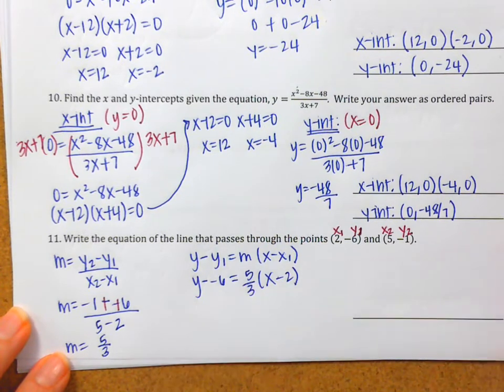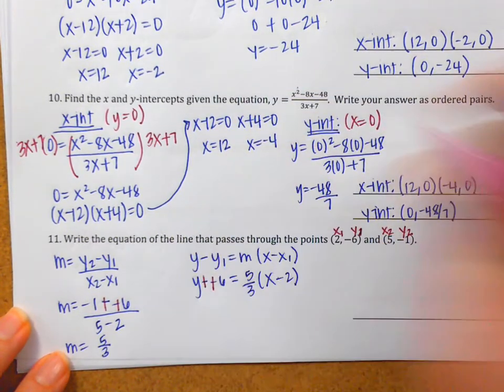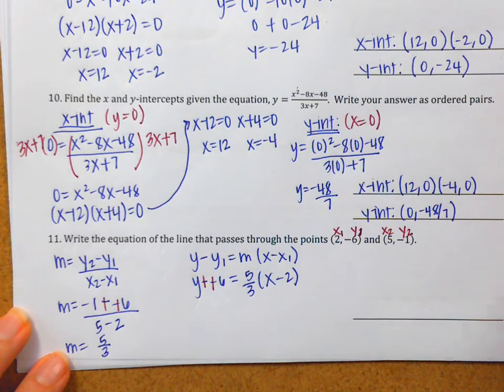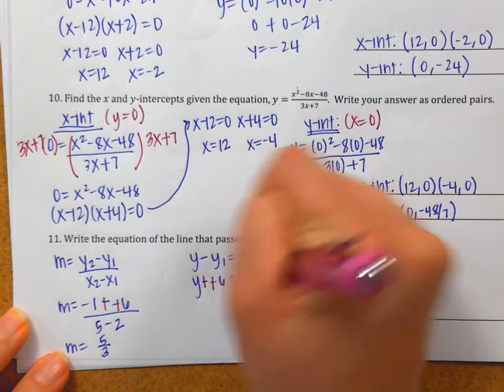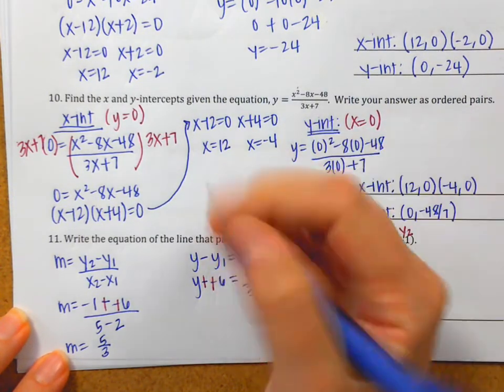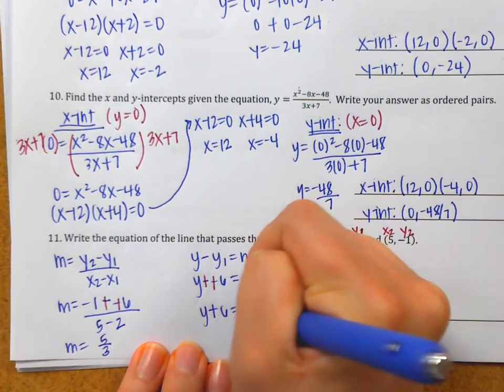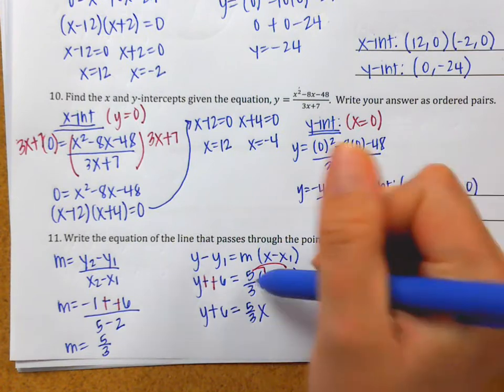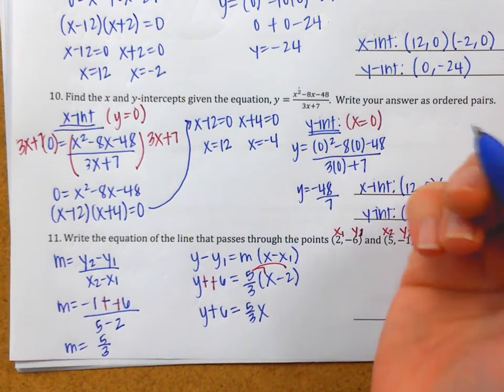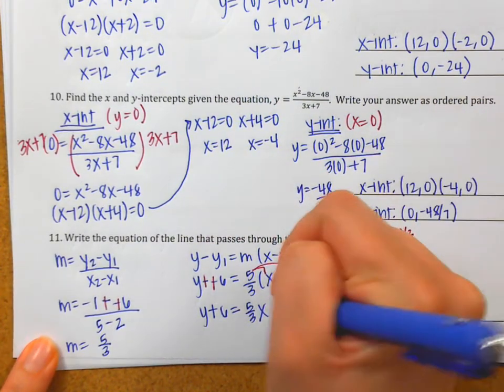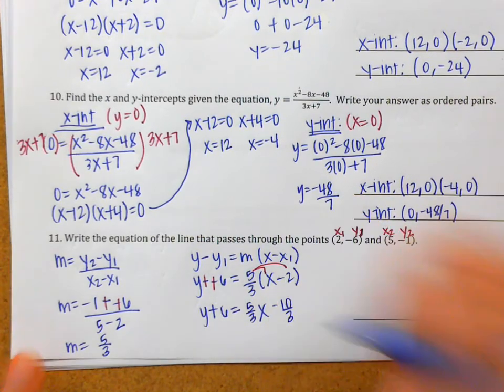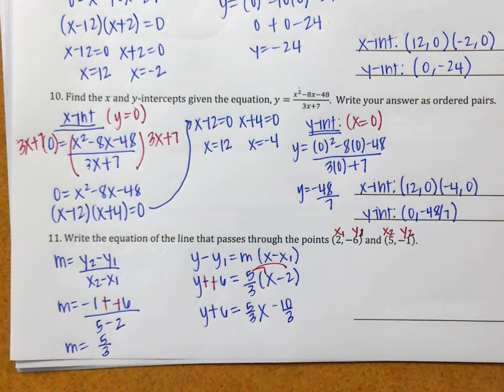First thing, that minus and a minus make a positive. And then I need to distribute the 5/3 to both the x and the -2. So that becomes y plus 6 equals 5/3 x. And then -2 times 5/3 is just -10/3, because you just multiply the tops together.